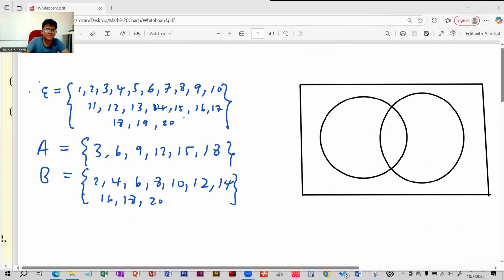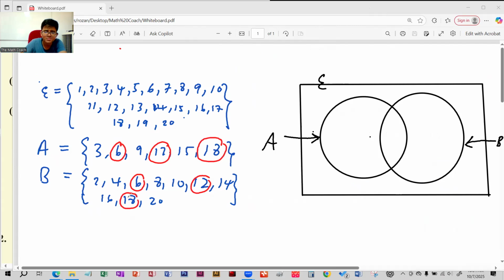Now, let's name this stuff. Let's name this guy as A. Let's name this guy as B. And let's name this as the universal set. Right. Before listing this out, it's very safe to analyze A and B. So what are the common numbers in A and B? 6 is common. 12 is common. 18 is common.